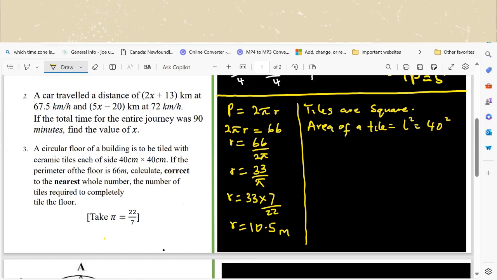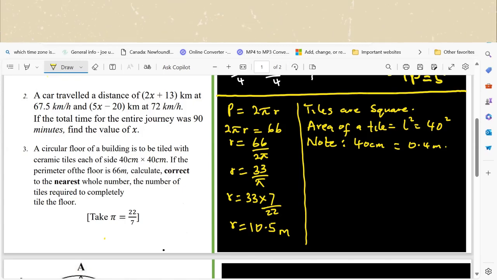But now, because we are dealing with a floor that is in meter, it is also important we change this. So let's say note, change it to meter. Note, 40 centimeter is equivalent to 0.4 meters if you divide by 100.